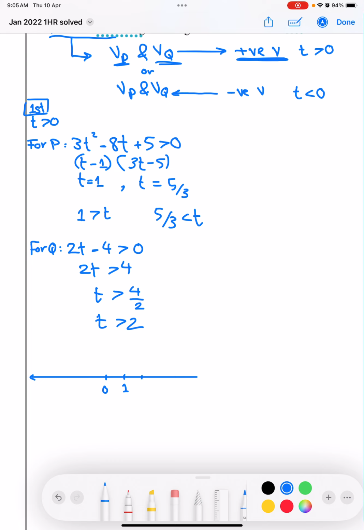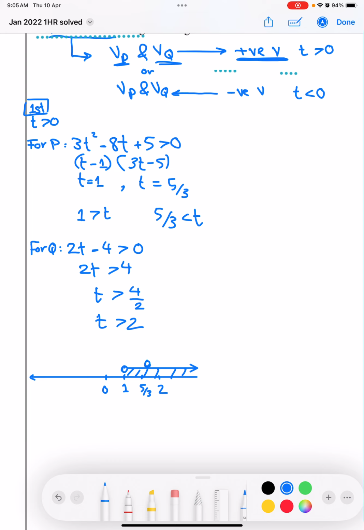I have here 5/3. I have 2. I'm going to arrange them. Then I need T greater than 1. So T greater than 1 is going to be like this. This part is shaded.